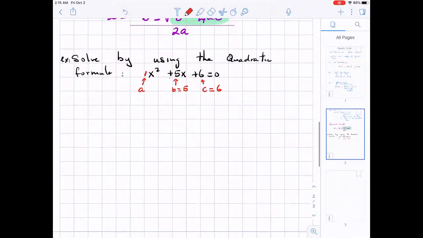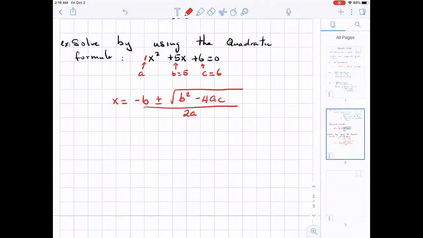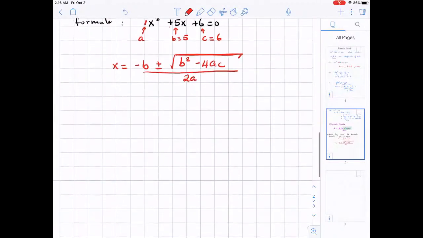And then we write our formula. x is equal to minus b plus or minus the square root of b squared minus 4ac, everything over 2a. Now it's very important to make sure that the square root sign covers b squared minus 4ac. All of that must be under the square root sign.